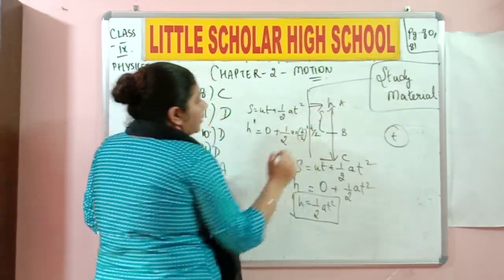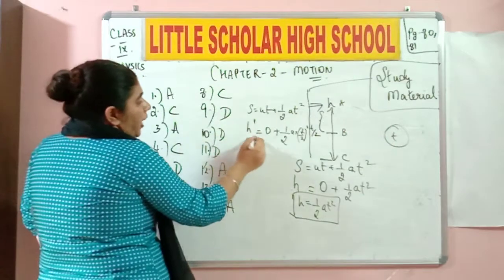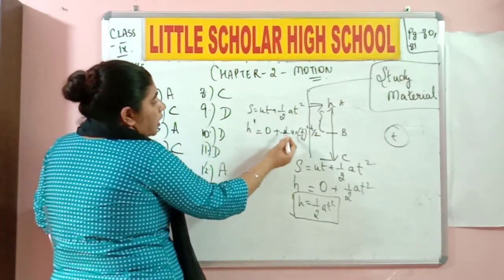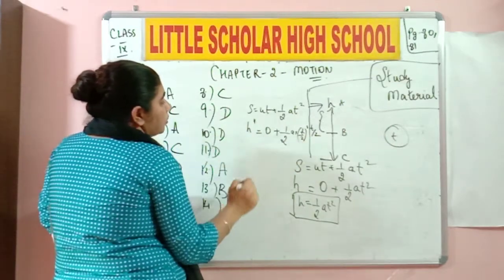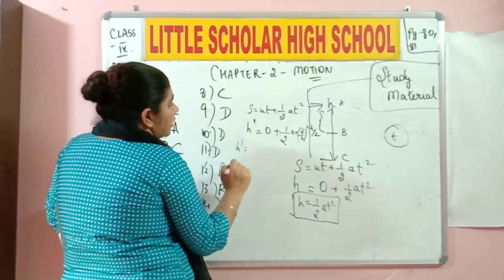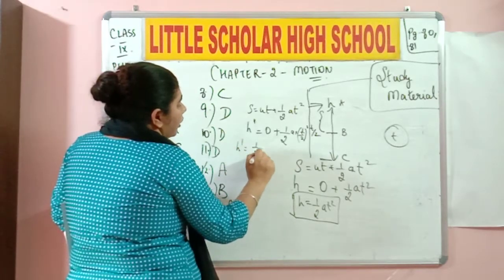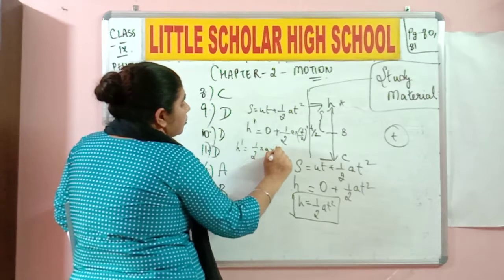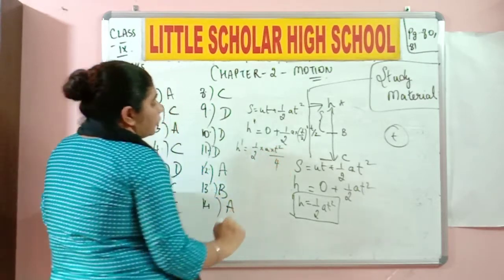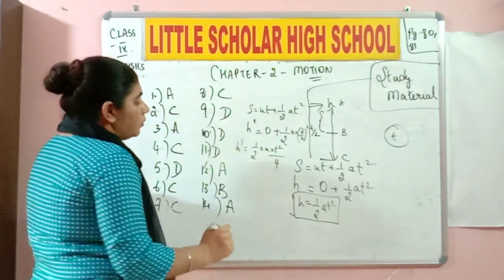Do you understand? It is going to be h dash is equal to 0 plus half into a into t by 2 the whole square. So h dash is equal to half into a into t square by 4. Do you understand?